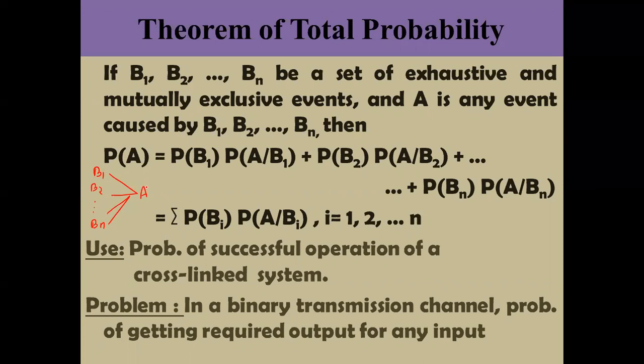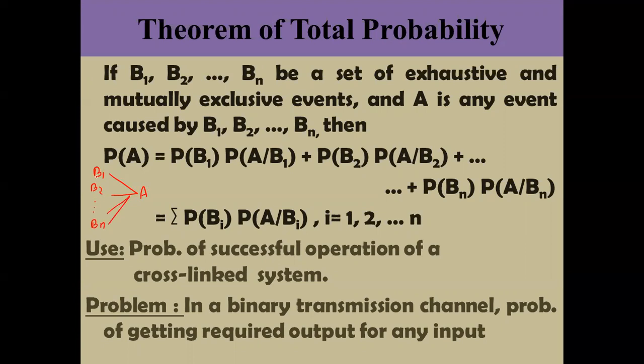We have taken B1, B2, etc., Bn as a set of exhaustive and mutually exclusive events, and A is the event caused by all these events B1, B2, etc., Bn. Then P of A is equal to P of B1 into P of A given B1, plus P of B2 into the probability of happening of A due to B2.